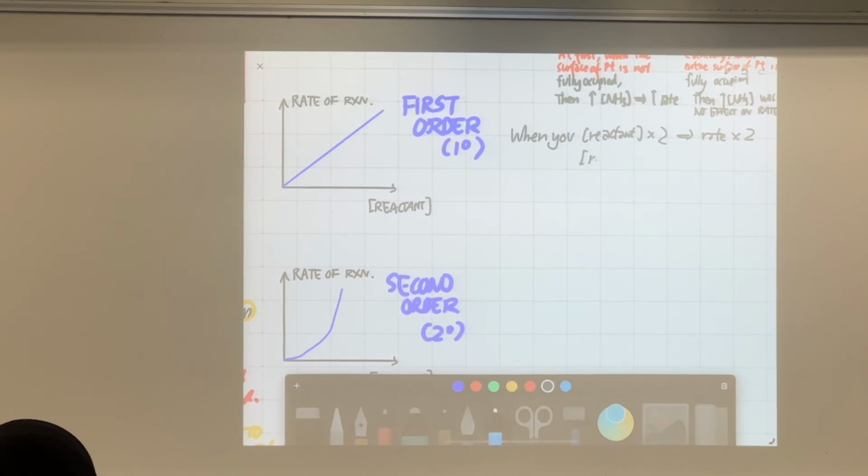When you triple the concentration of reactant, rate will triple. So basically, whatever you do to the concentration of reactant, the rate will change by the same amount. What kind of relationship is this? This is a directly proportional relationship, right?